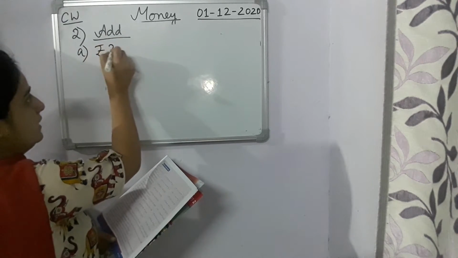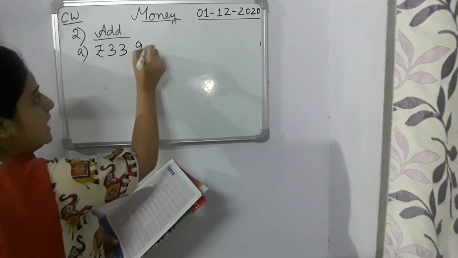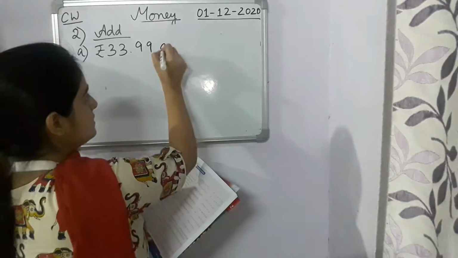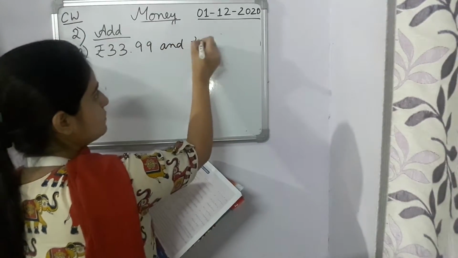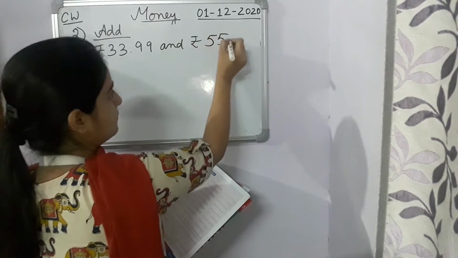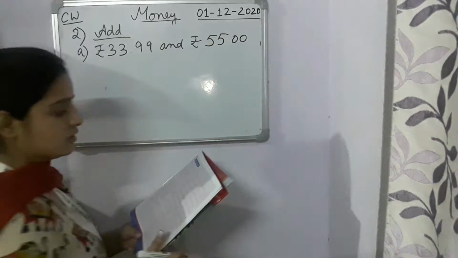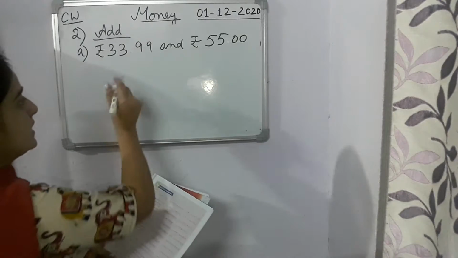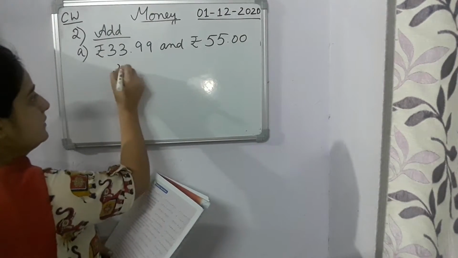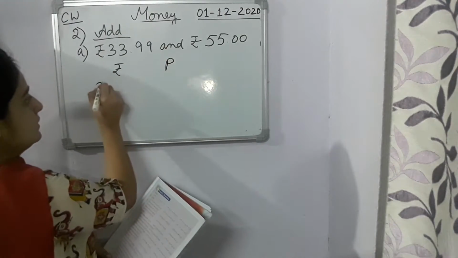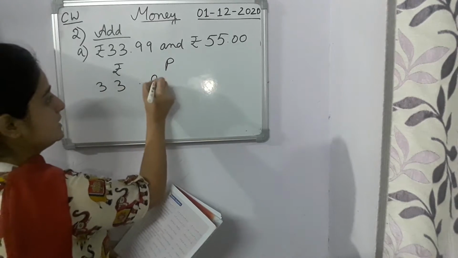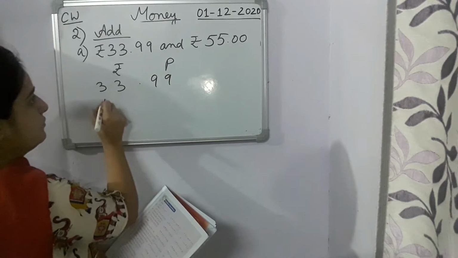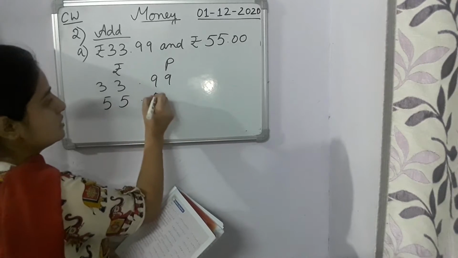Rupees 33.99 and rupees 55. So children, let's do this addition. Arrange vertically. 33.99, then 55.00.